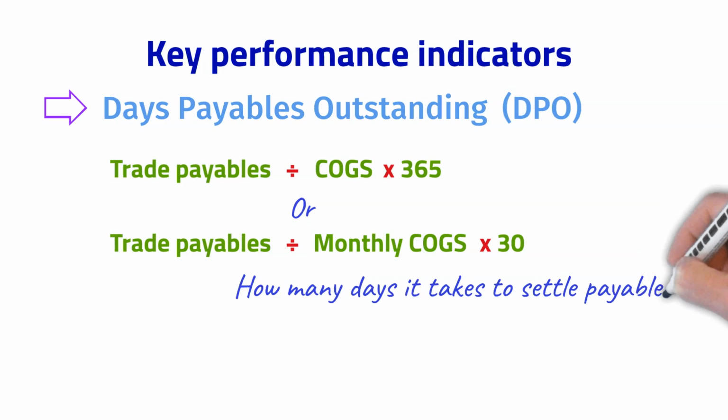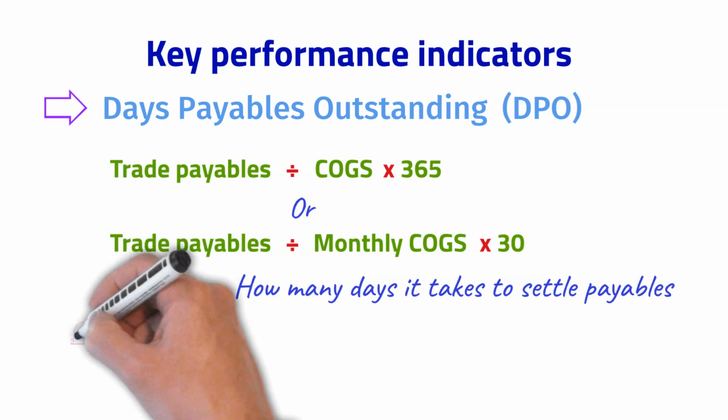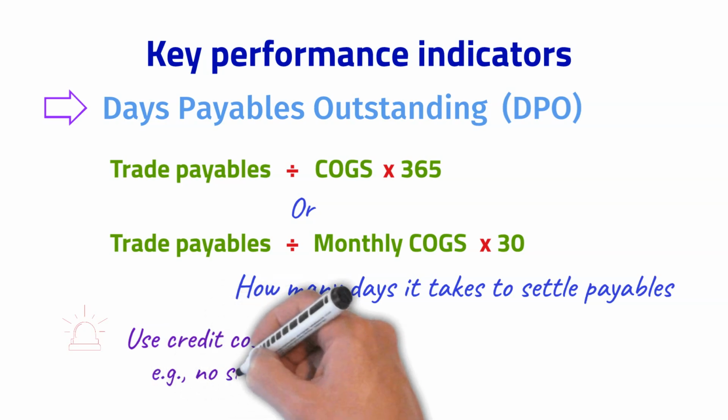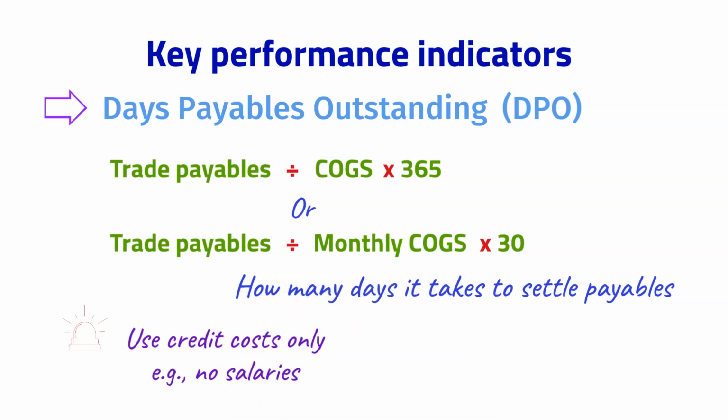Note, better to use pure credit costs and not all costs if you also have cash costs or costs which do not run through trade payables. For example, salaries you pay will never be in trade payables, but can be a material element of your costs. They have to be disregarded. Usual approach is to use cost of goods sold as the amount of purchases may not be available. Sometimes you can also use cost of sales plus operating expenses which normally will have invoices.